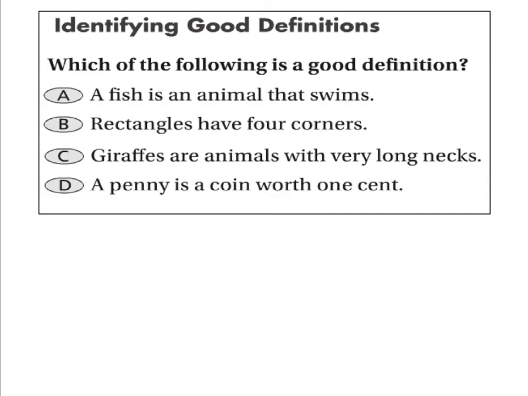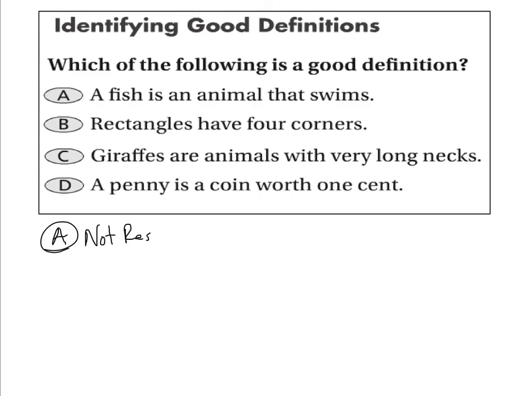If I were to write this as a conditional, I would say if the animal is a fish, then it swims. If I flip that, if the animal swims, then it is a fish. Is that true? Well, that's not true. This is not reversible.